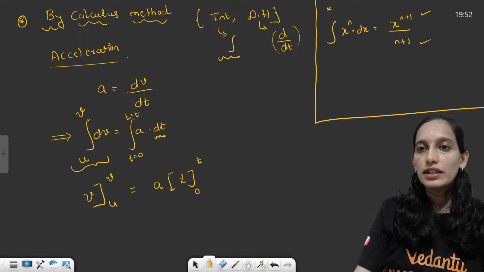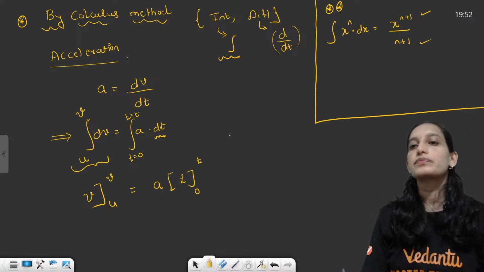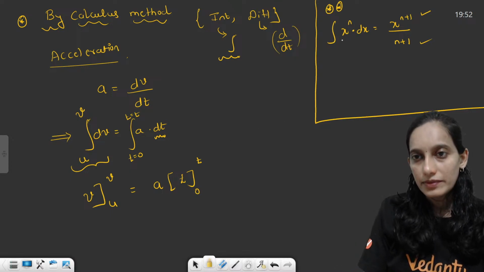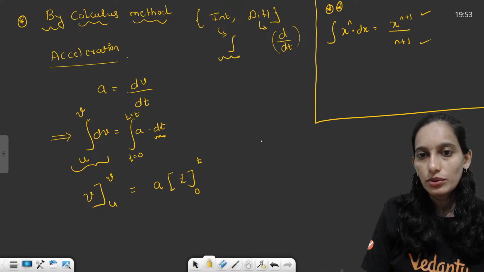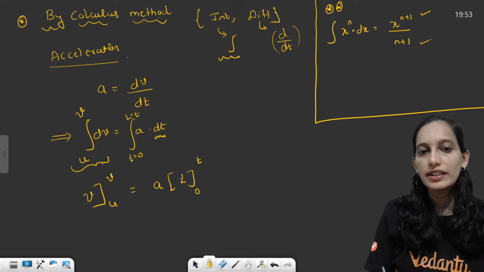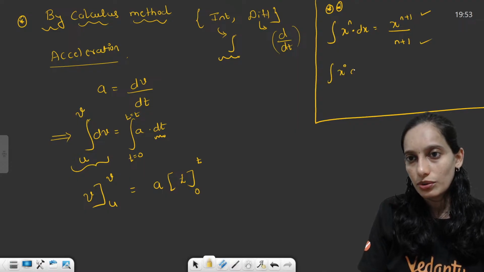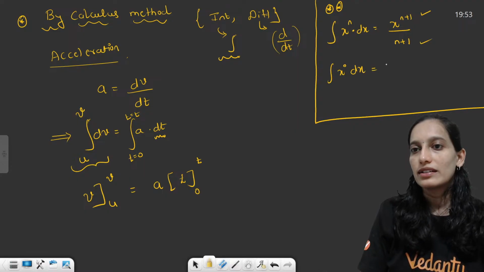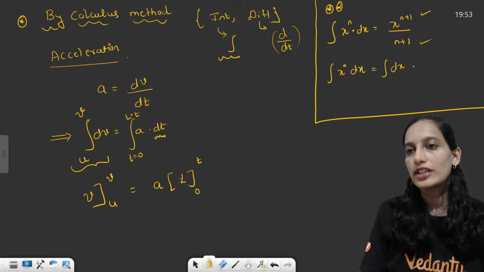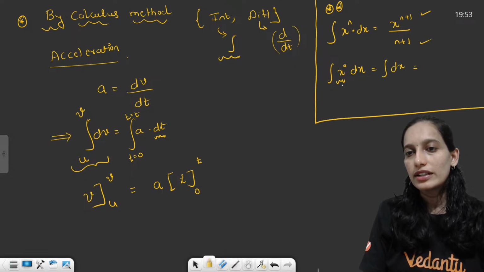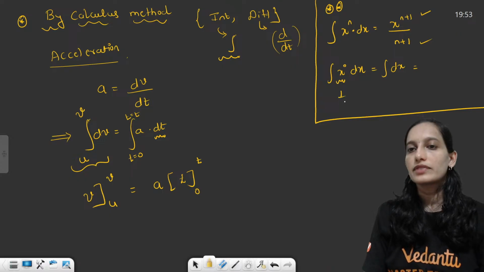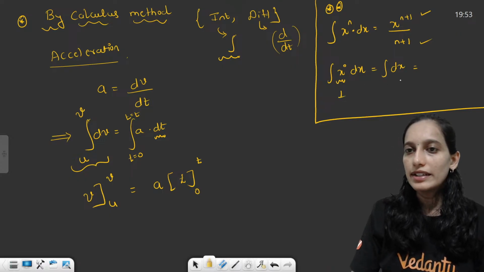Please remember this formula. And here what did I do? I wrote integration of dv as v. It is just like x raised to 0 into dx, that is nothing but integration of dx, because anything raised to power 0 is 1, correct. So it is nothing but integration of dx.